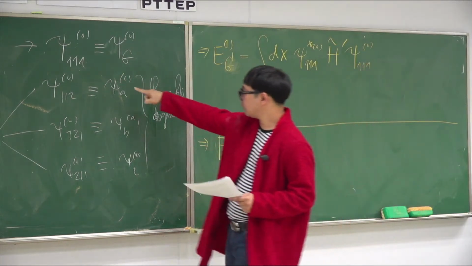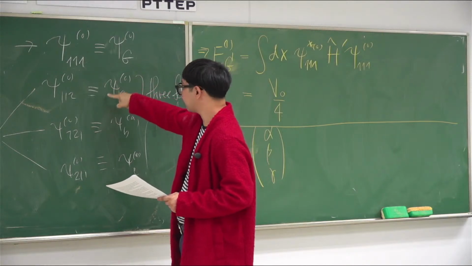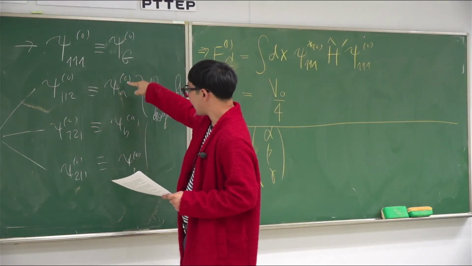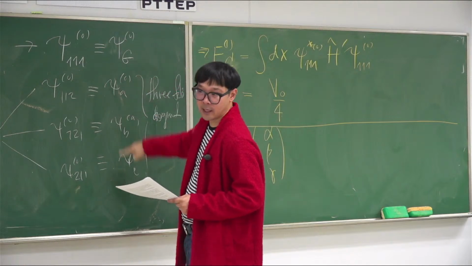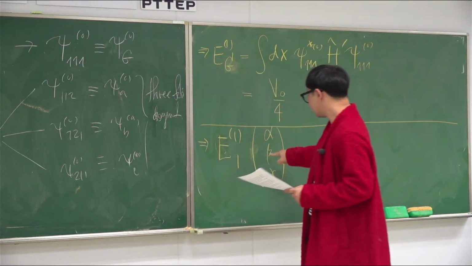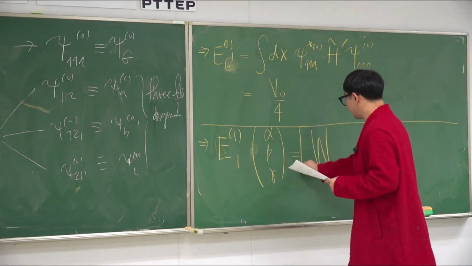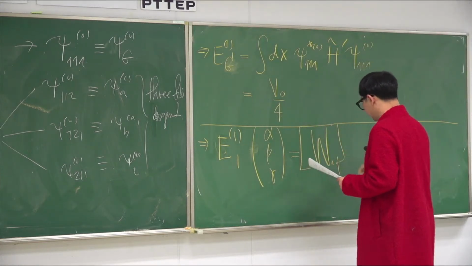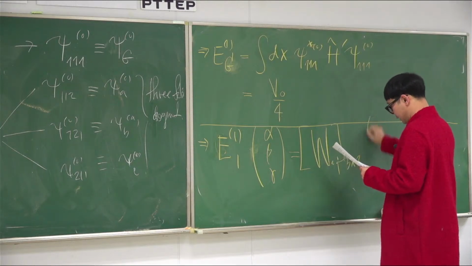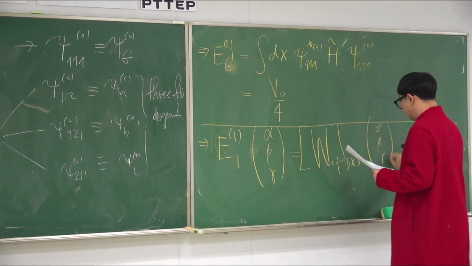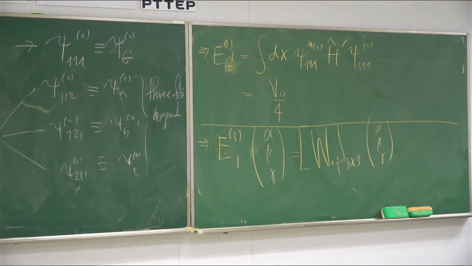Suppose that you write the first excited state as a linear combination of alpha, beta, and gamma. So you have this matrix, right?